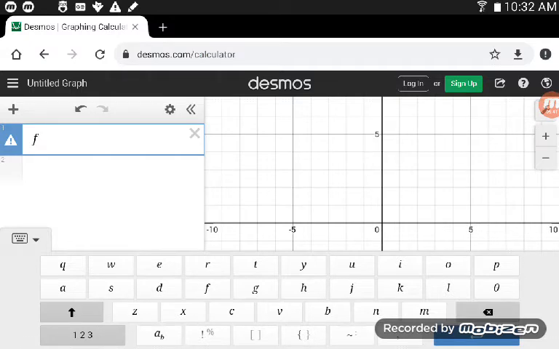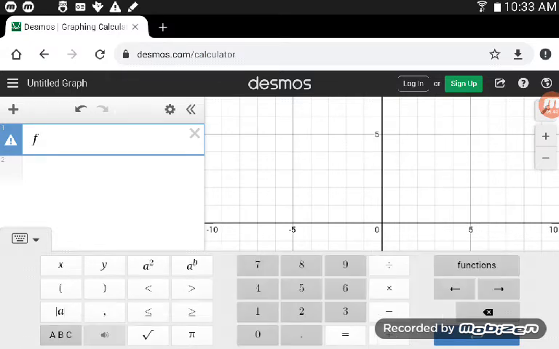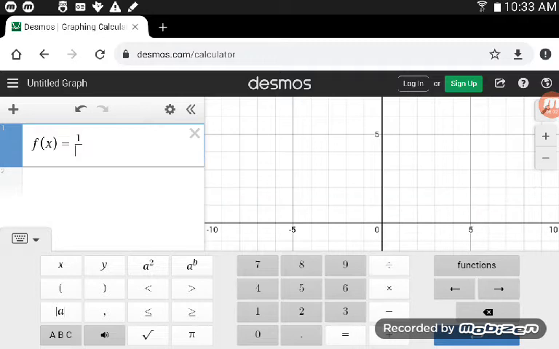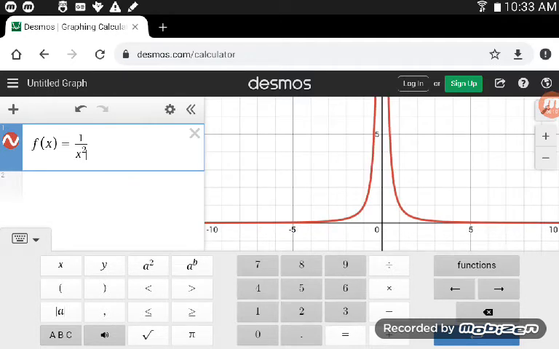This is really slow this way, but f of x equals, and I could do something like 1 over x squared, so 1 divided by x, and then I don't know what happens if I do a squared like that.